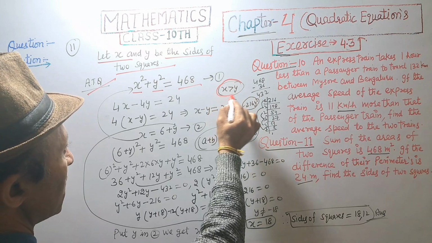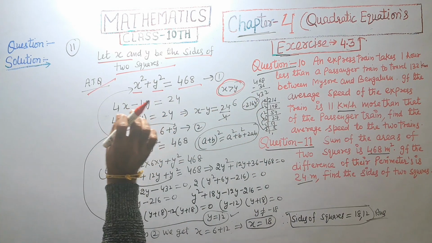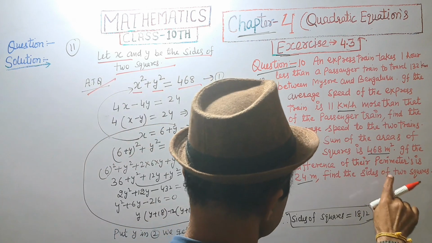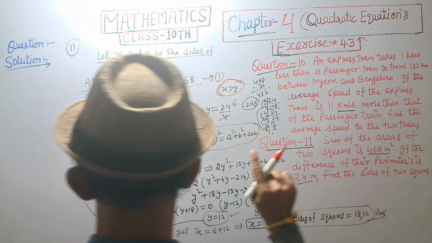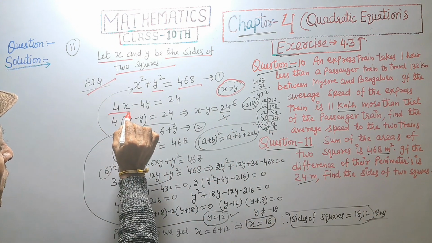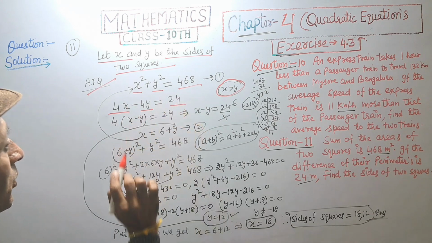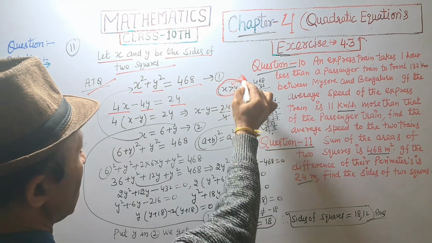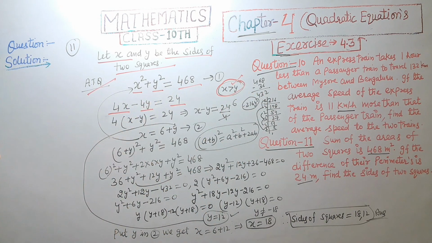And x is greater than y, so the difference of their perimeters is 24. Perimeter of a square is 4 into side: 4x minus 4y equal to 24.